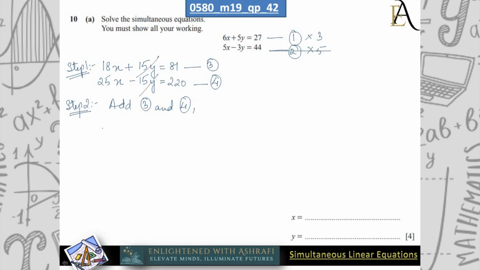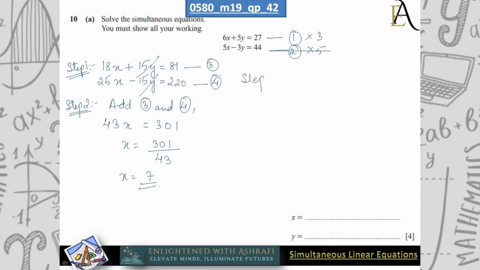Then we have 18 plus 25, which is 43x equals 81 plus 220, which gives 301. x equals 301 upon 43, which gives me x is equal to 7.